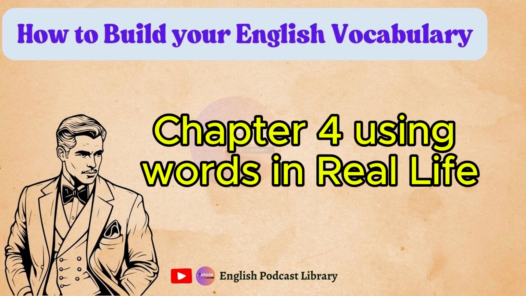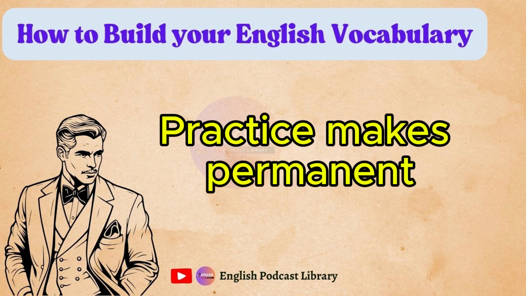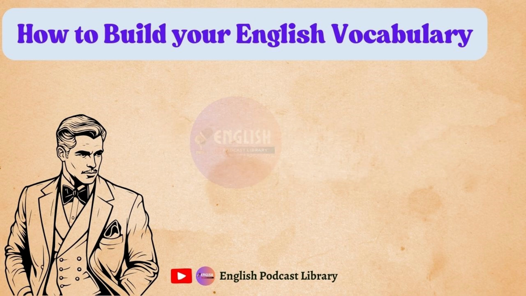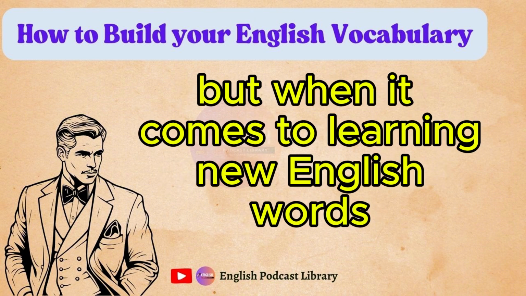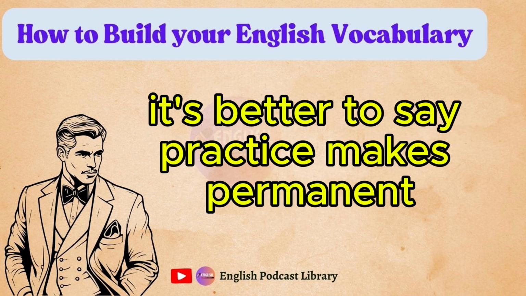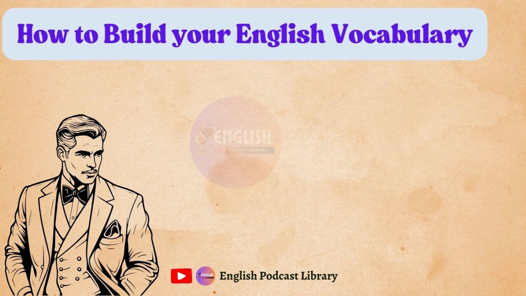Chapter 4. Using words in real life. Practice makes permanent. You've probably heard the saying, "practice makes perfect." But when it comes to learning new English words, it's better to say, "practice makes permanent."